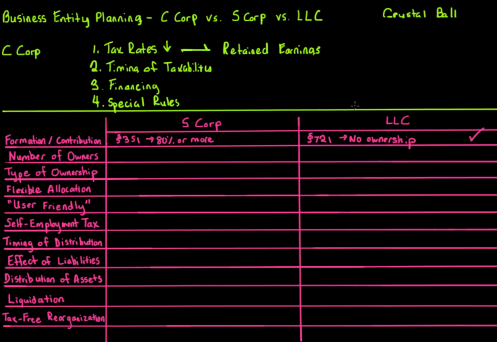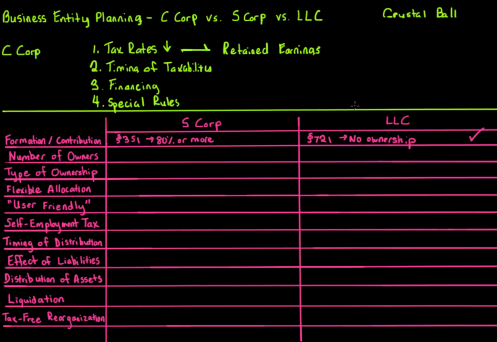But for an LLC, if you recall, when we have boot, the transaction is bifurcated into the non-recognition portion and the boot portion. So we look at the partnership interest and the boot received, and the assets that are being transferred, and we do a portion with respect to each.